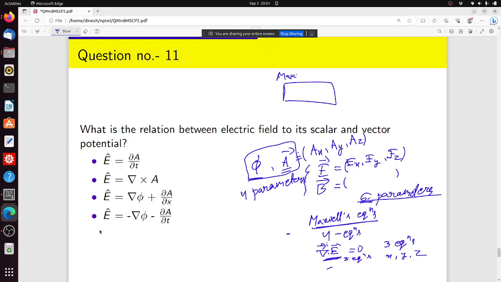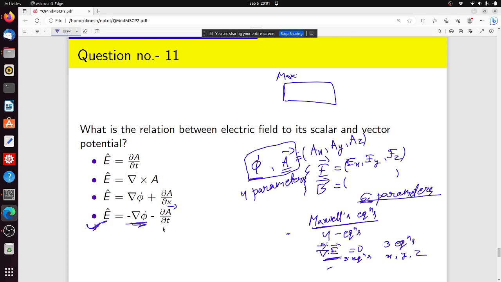So for now, the answer for the electric field is this one. The correct relation between the electric field and the scalar and vector potential is E equals minus gradient of phi minus del A over del t.